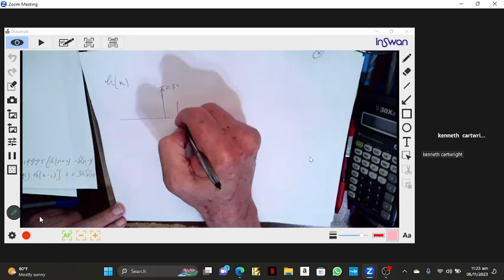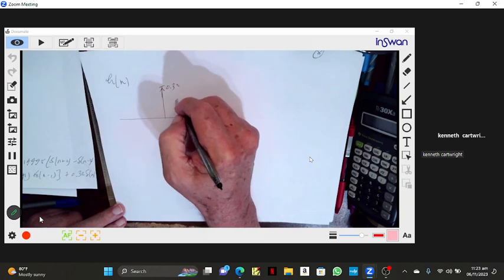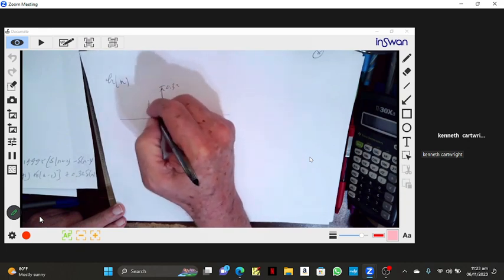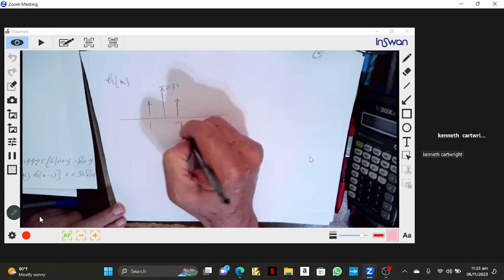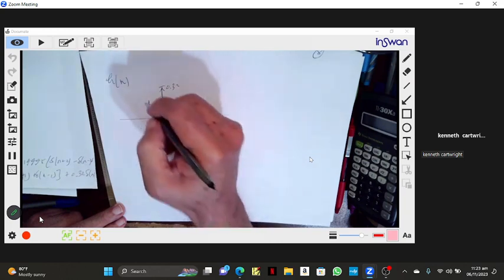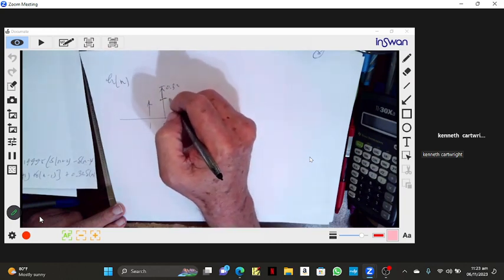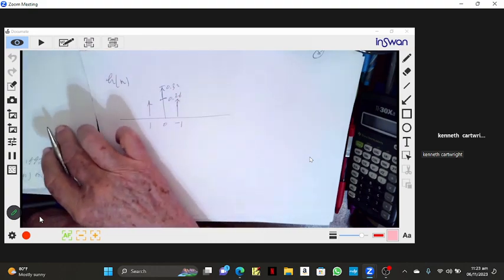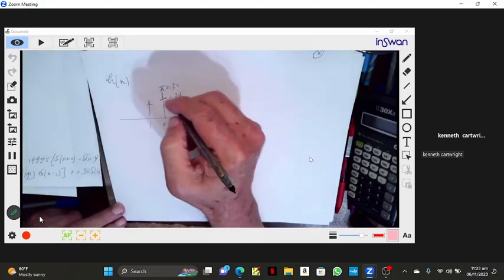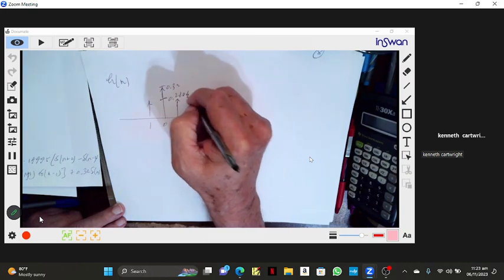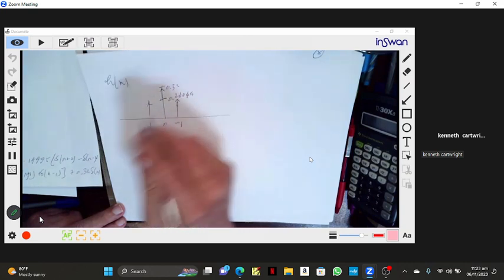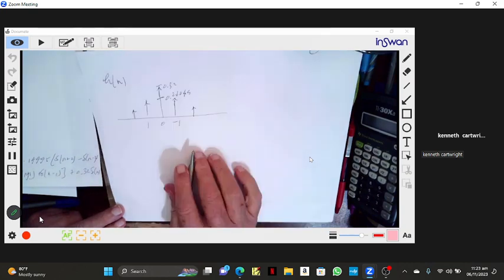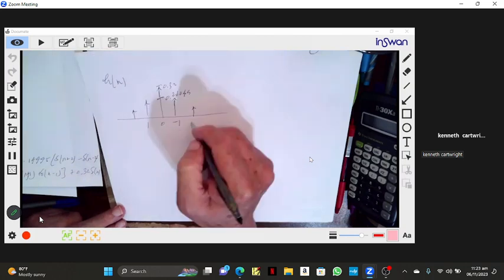This is 1. This is negative 1. This here is 0.26049. And then we'll have, see it's symmetrical? See how symmetrical it is?